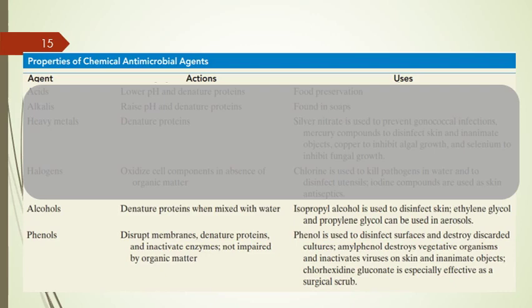It is used to disinfect skin, and propylene glycol can be used in aerosols. Similarly, phenols disrupt membranes, denature proteins, and inactivate enzymes, and are not impaired by organic matter. These are used to disinfect surfaces and destroy discarded cultures.